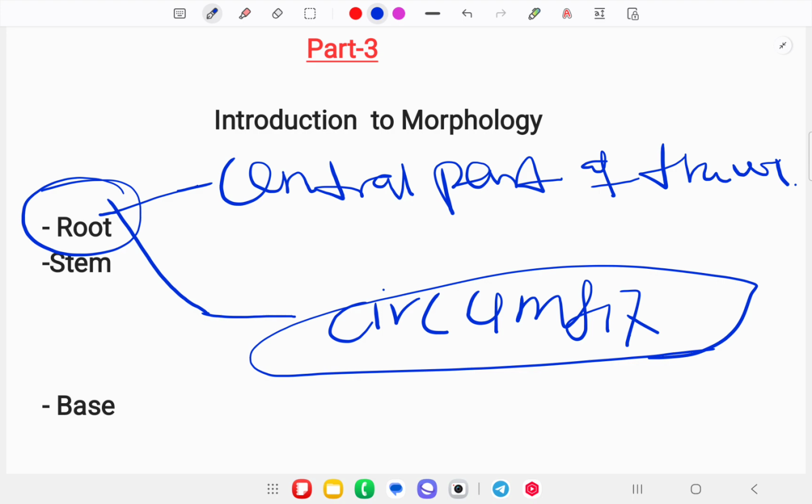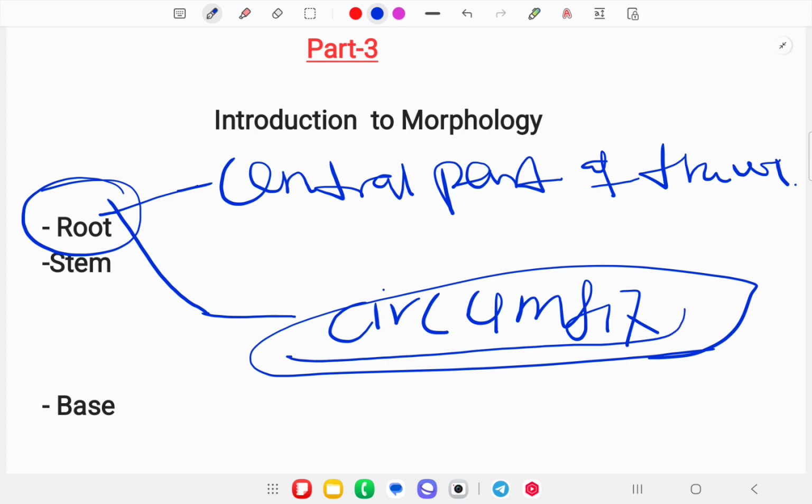Circumfix means morphemes that are attached to a base morpheme both initially and finally. Circumfix languages are rare, which means this term cannot be applied in all languages. It is especially used in the Muskogean language, which is spoken in Oklahoma.